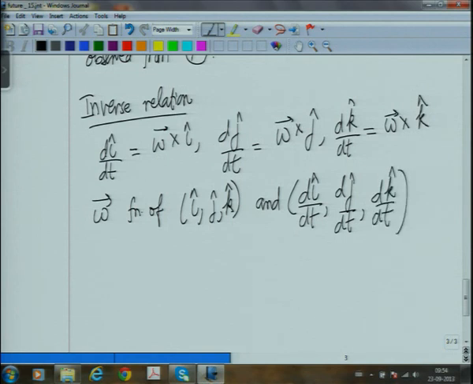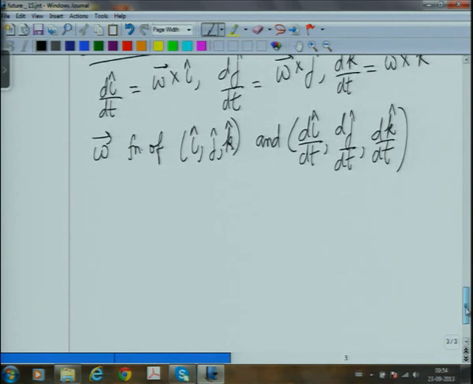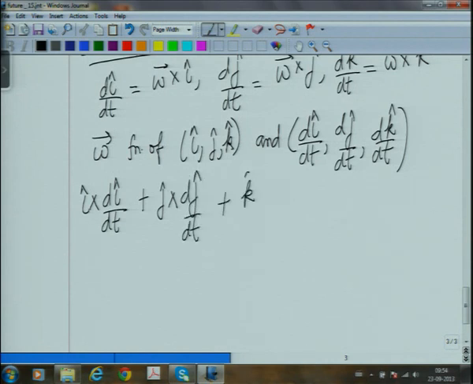So, can we work out an explicit function of omega? For that, let us do i cross di by dt plus j cross dj by dt plus k cross dk by dt. Now, I carry out these mathematical operations.